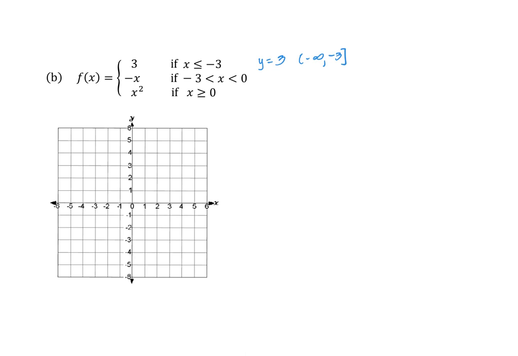The next piece is negative x, so y is equal to negative x. The interval here is x is greater than negative 3 and less than 0, but not including, so parentheses negative 3 to 0. And the last is x squared, so y equal to x squared. That would be x is greater than or equal to 0.